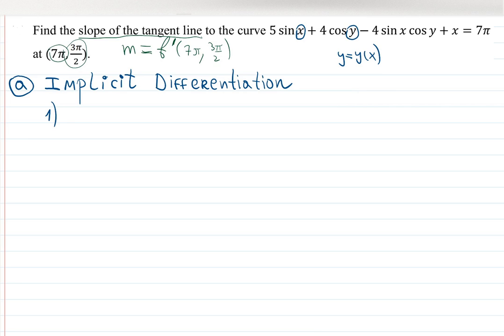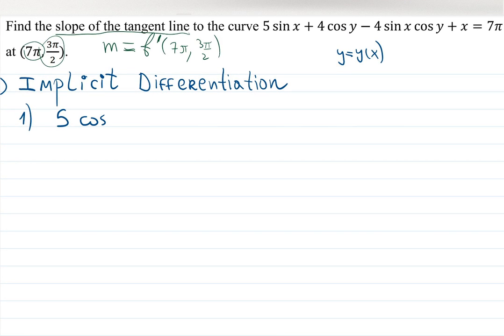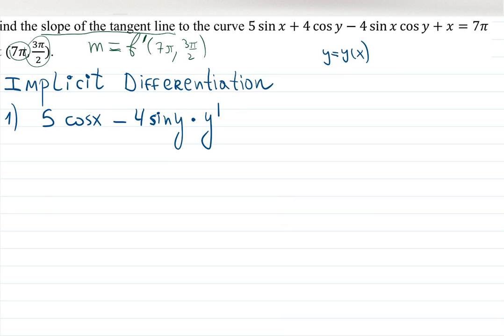So every time I will be differentiating any piece that involves y, y prime will pop out. 5 sine x gives me 5 cosine x, but 4 cosine y gives me negative 4 sine y times y prime. Just like I told you, every term that includes y, when you differentiate this term, y prime will pop out due to chain rule.